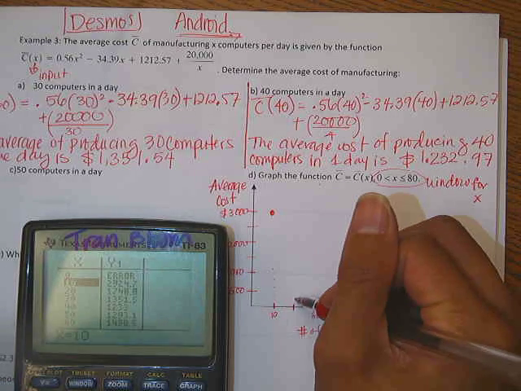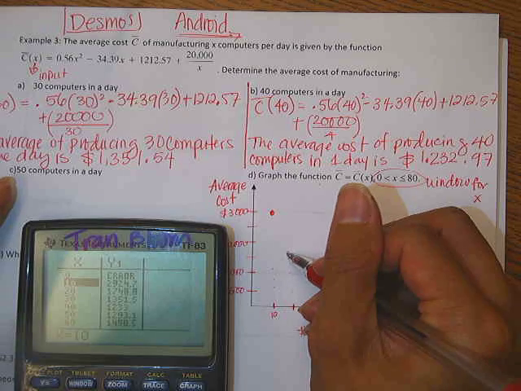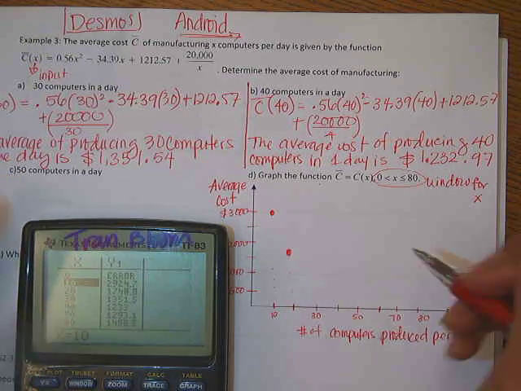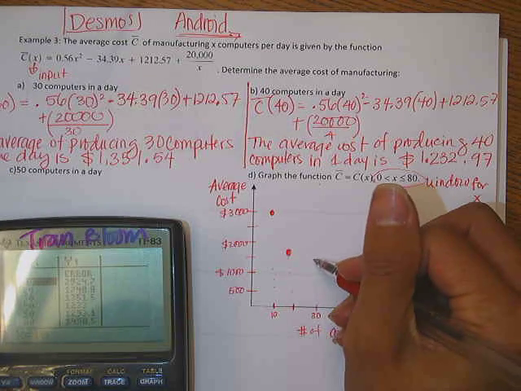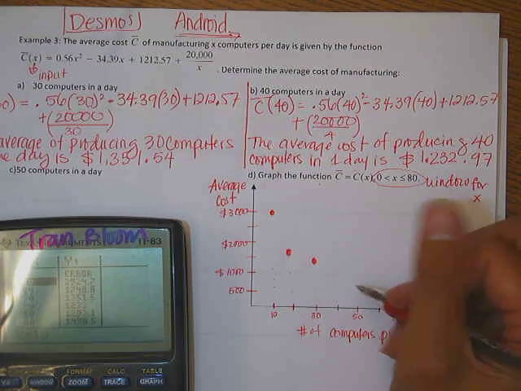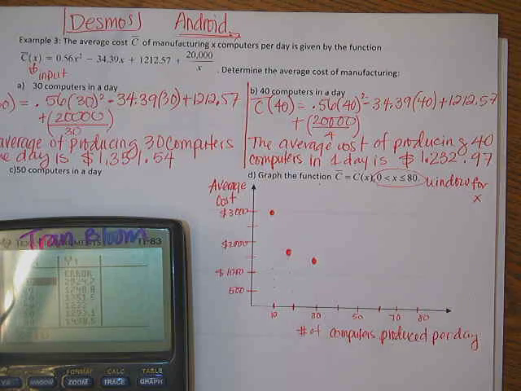So 20, 17 is, this is 1,500, so 17 is right there. If I produce 30, it's 1351. 1351 is right there. If I produce 40, it's 1233. Okay, which is pretty close to what we did when we did it by hand.